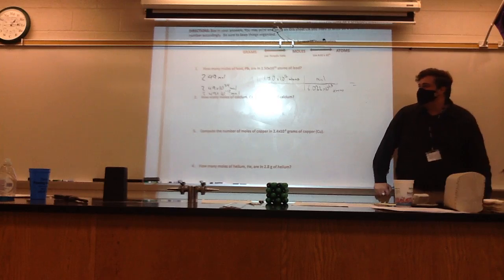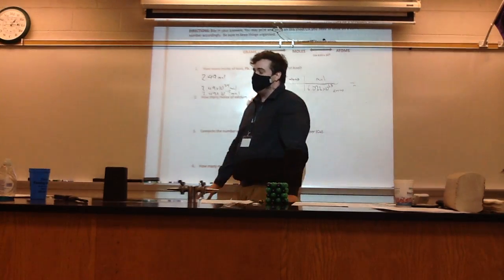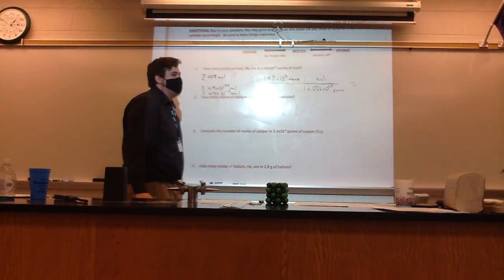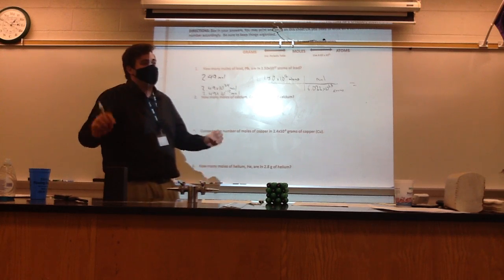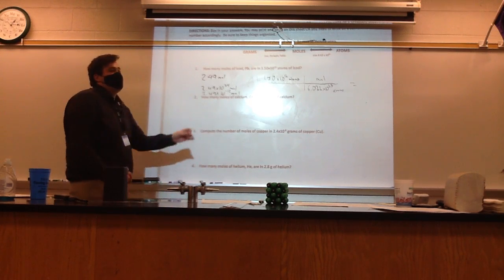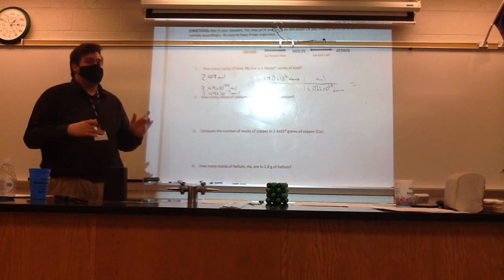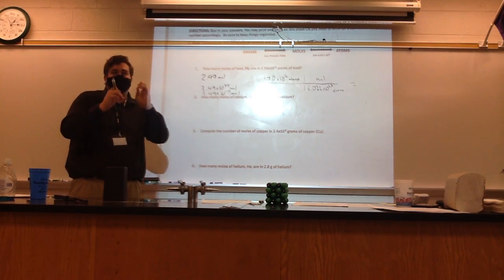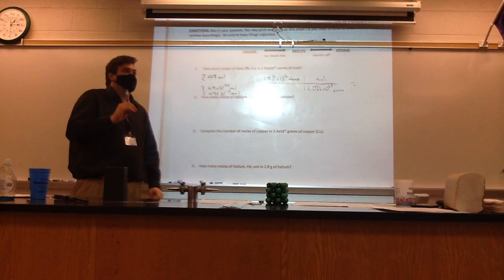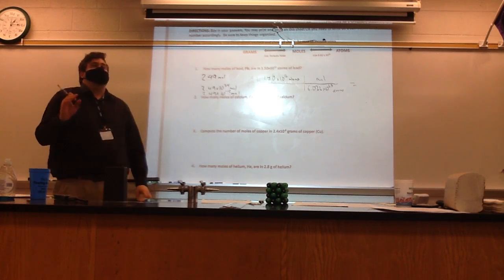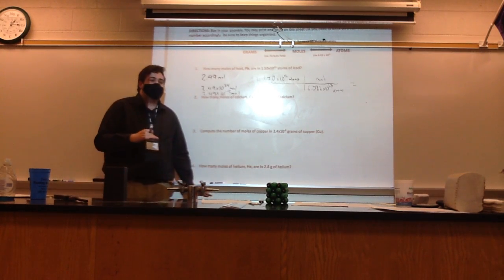Oh, so you got the right number here, but remember, you can't get lazy on the scientific notation. If you get 0.000000, those zeros still matter. If we're talking about sig figs, those zeros don't count towards sig figs, but they're used as a placeholder.